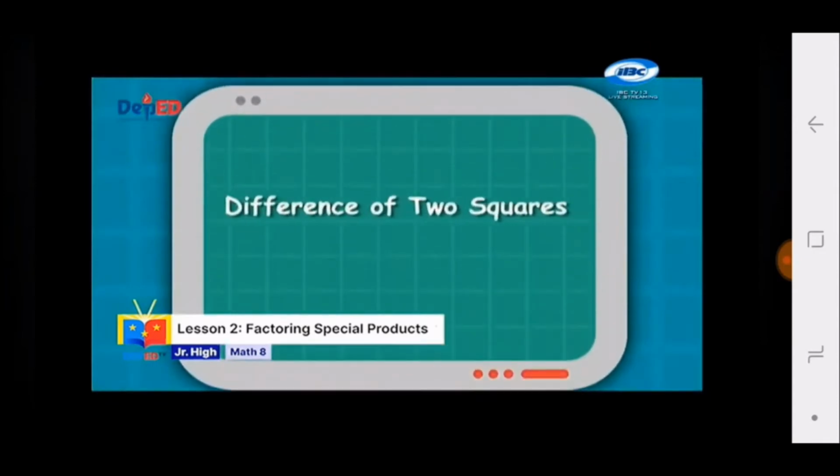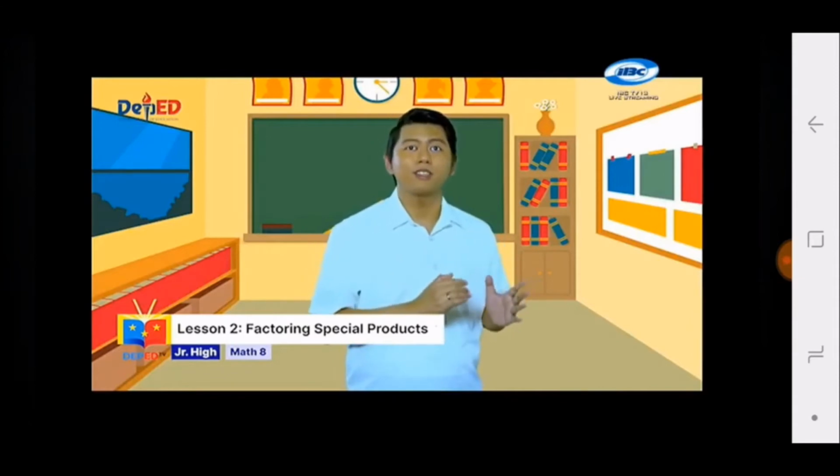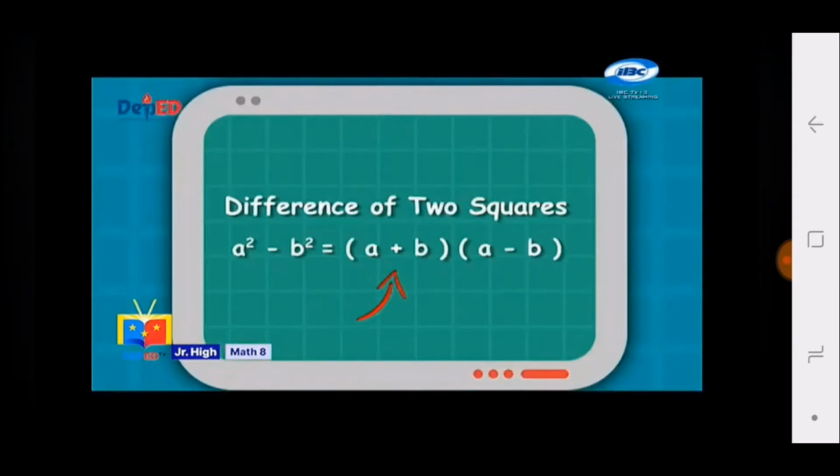With the previous example, we can say that the factors of a difference of 2 squares, a squared minus b squared, is the product of the sum and the difference of the positive square roots of each term, the quantity of a plus b times the quantity of a minus b.